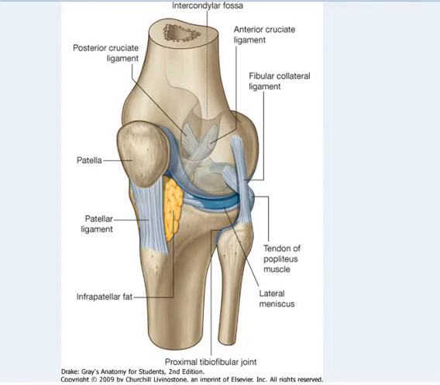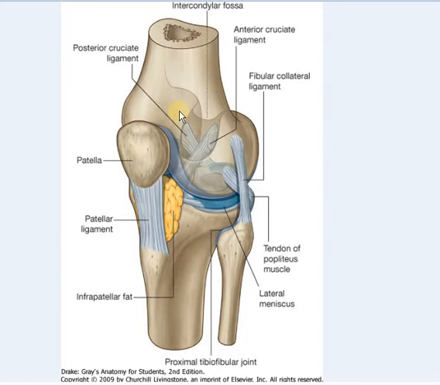More precisely, the knee joint is formed by the articulation of the lower end of the femur, that is the medial femoral condyle and the lateral femoral condyle, and the upper part of the tibia, the medial and the lateral tibial condyles, and this patella bone.